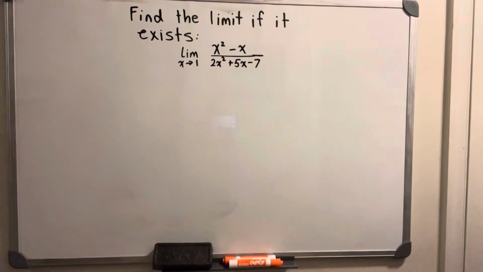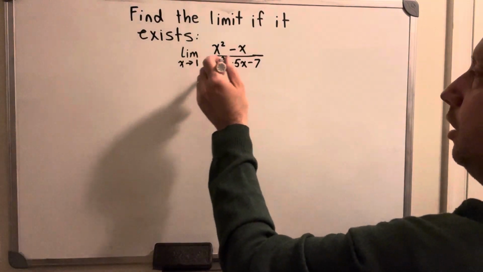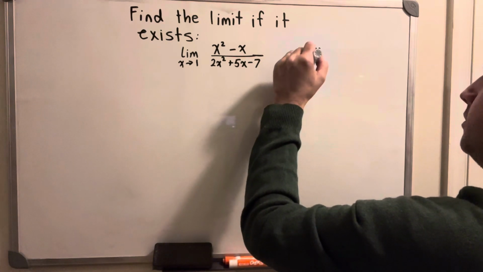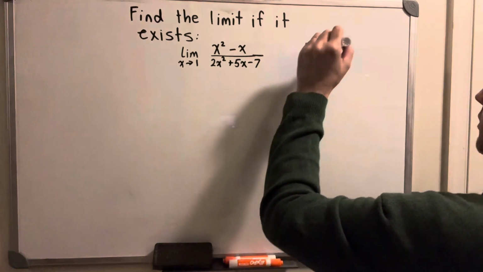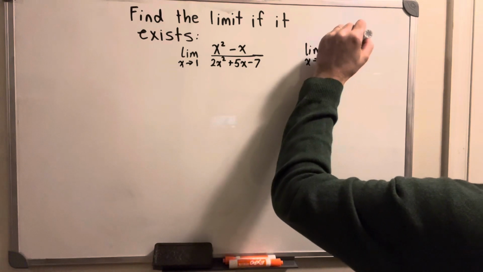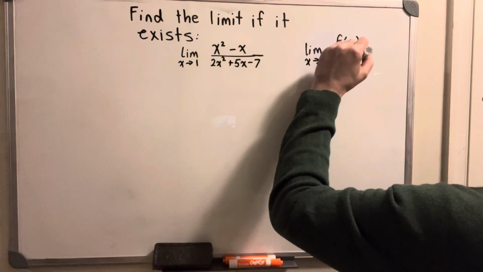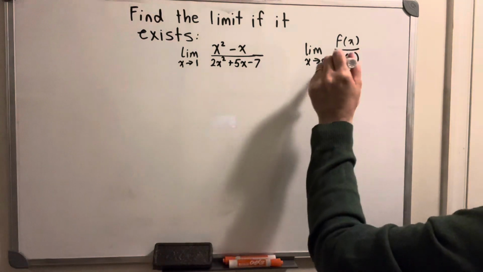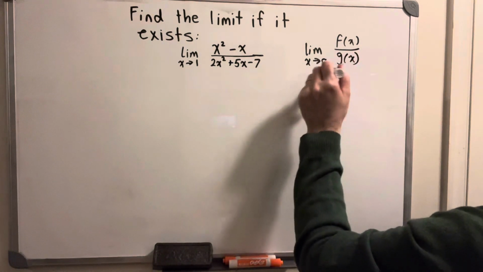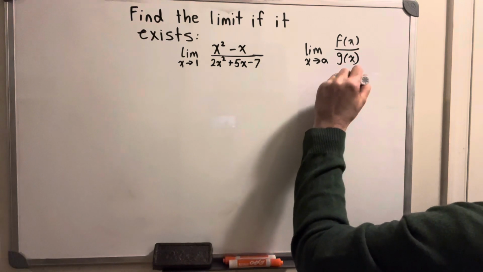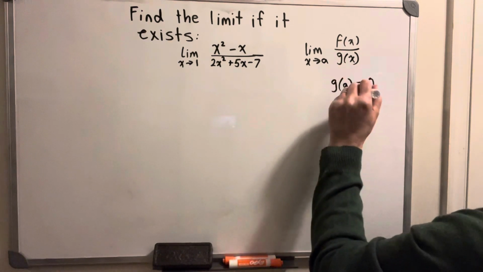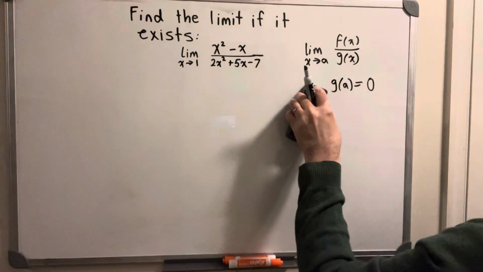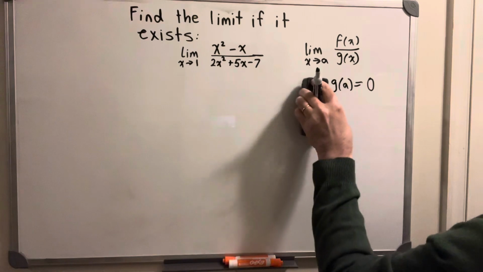So if you have a function like this, but the problem is that when x is a, g of a equals 0, this is a problem because then the function is undefined right at a.